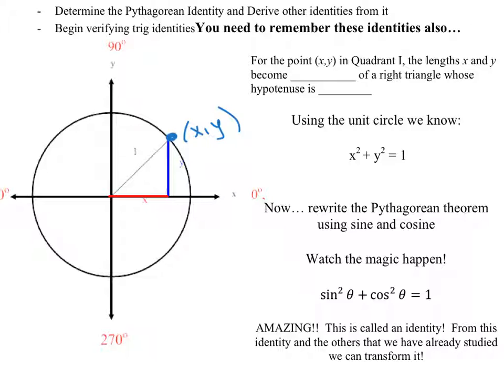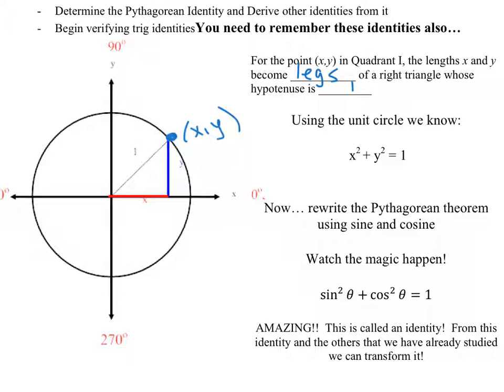So the lengths of x and y become the legs of a right triangle, whose hypotenuse is 1. And then remember, it's the leg squared plus the leg squared equals the hypotenuse squared. That's your a squared plus b squared equals c squared. So that's where we get this right there.